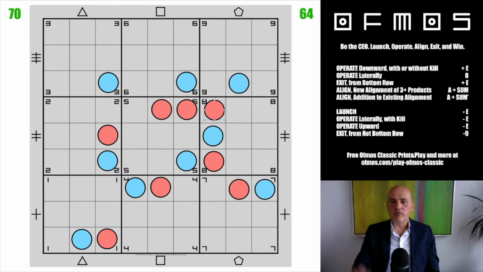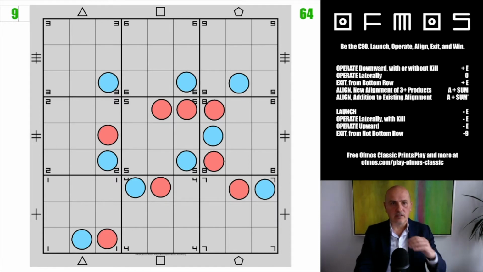As you can see in the formula, the way we calculate the cash in is first we have the action, which is 9 from the operation. So let's just put it in here. That brings us to 79. But then we have a bonus for each of those pieces or products in alignment. So it's 6 plus 8, which is 20. So 79 plus 20, we get to 99.